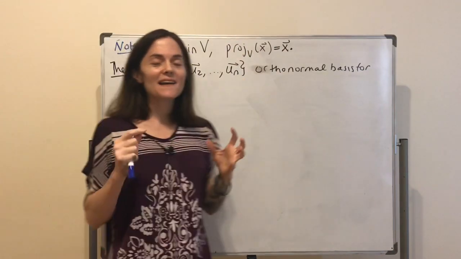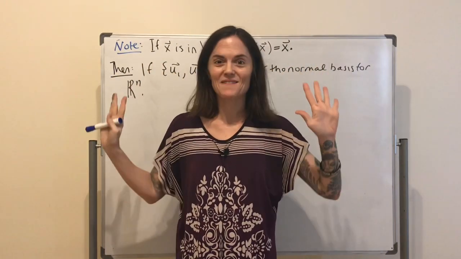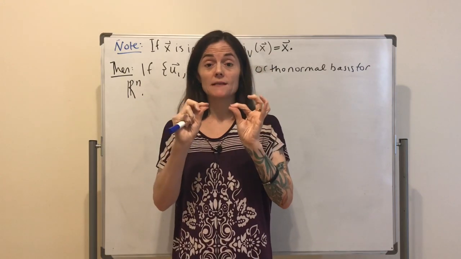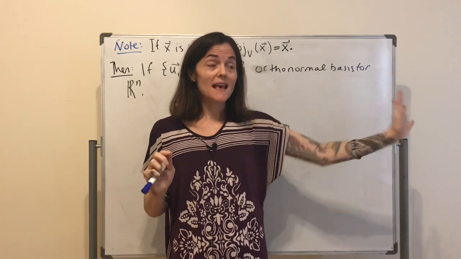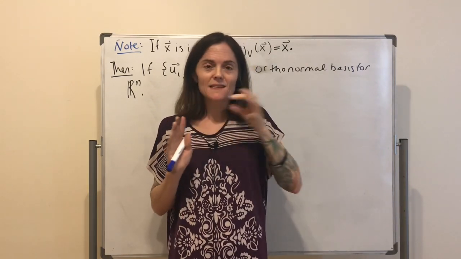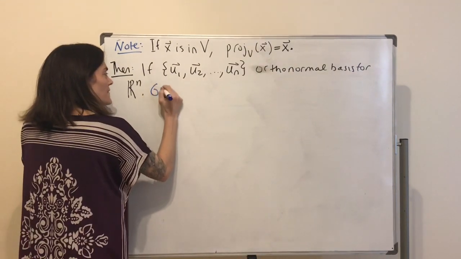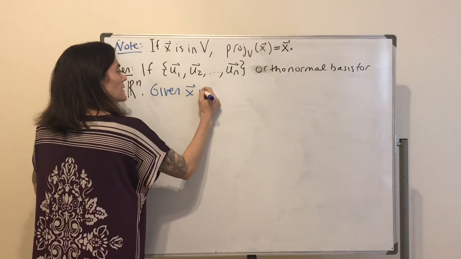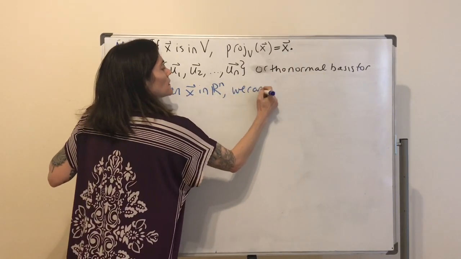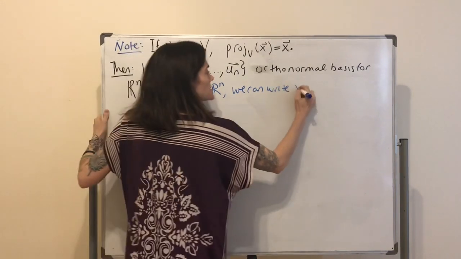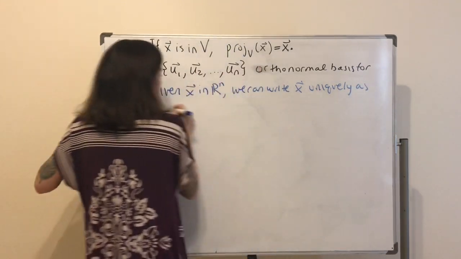What did we talk about at the very end of our basis video? If you have a basis, then every vector in your vector space can be written uniquely as a linear combination of the basis elements. So given x in Rn, we know we can write x uniquely as a linear combination of the ui.